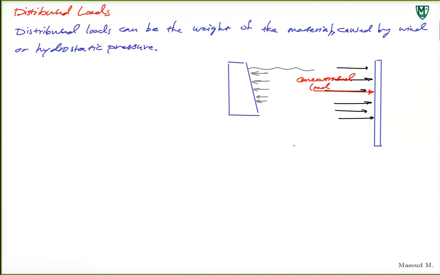Now, how do we calculate that? Assuming that we know how the distributed load is distributed along some area, we use what we learned for the centroid of the area, right? We treat the profile of the distributed load as an area, and we find the centroid of that. What is challenging is where do we put this concentrated load, right? You'll tell me, okay, the concentrated load would be the distributed load multiplied by the area that it is applied to, which gives you the total load.